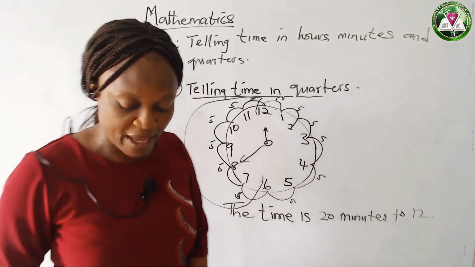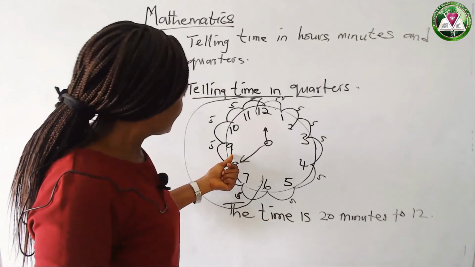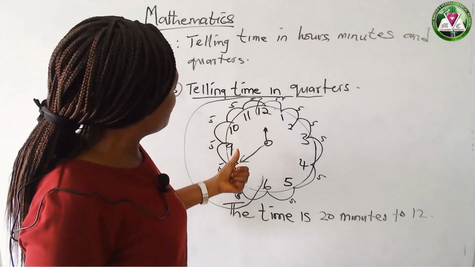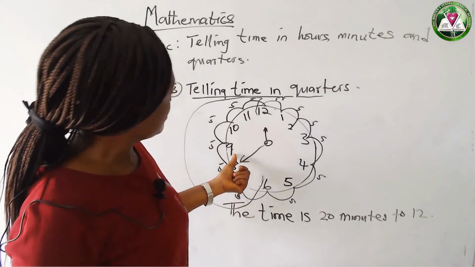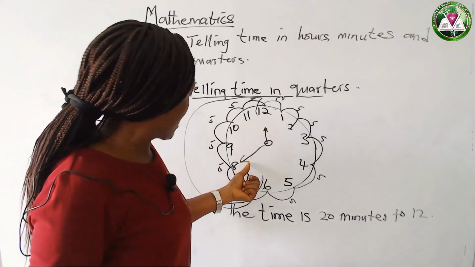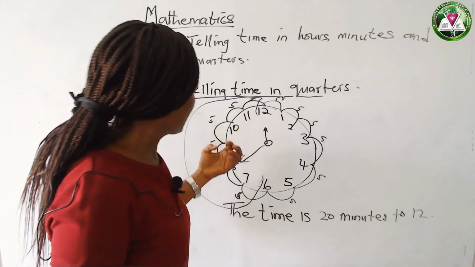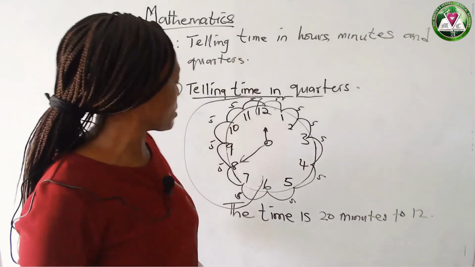And I said again that quarter to is when the long hand is at 9 and the short one is getting to any number; that time is quarter to that number.